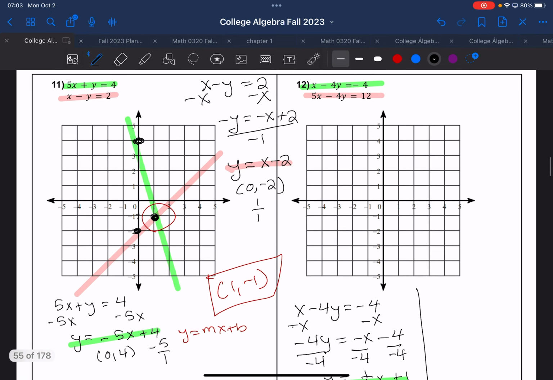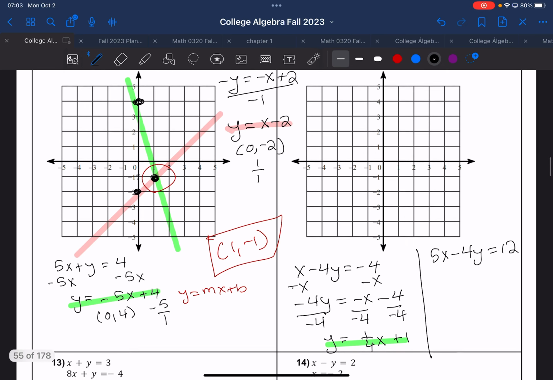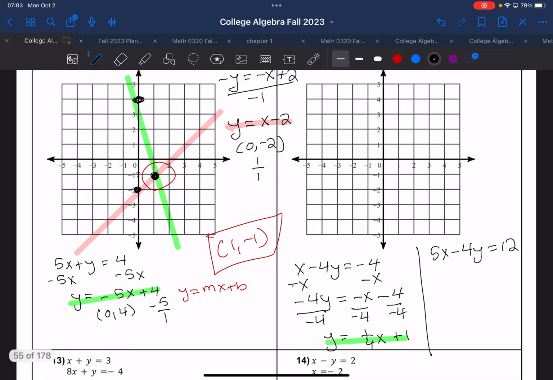Okay, and then we have our other equation, 5x minus 4y is equal to 12. What would we do first to get y by itself? Good, so subtract 5x. So we get -4y is equal to -5x plus 12.